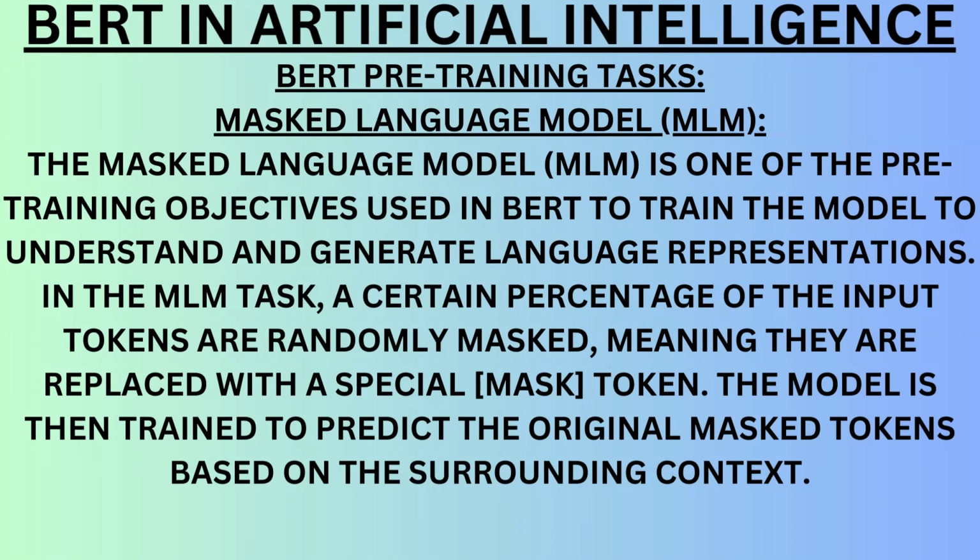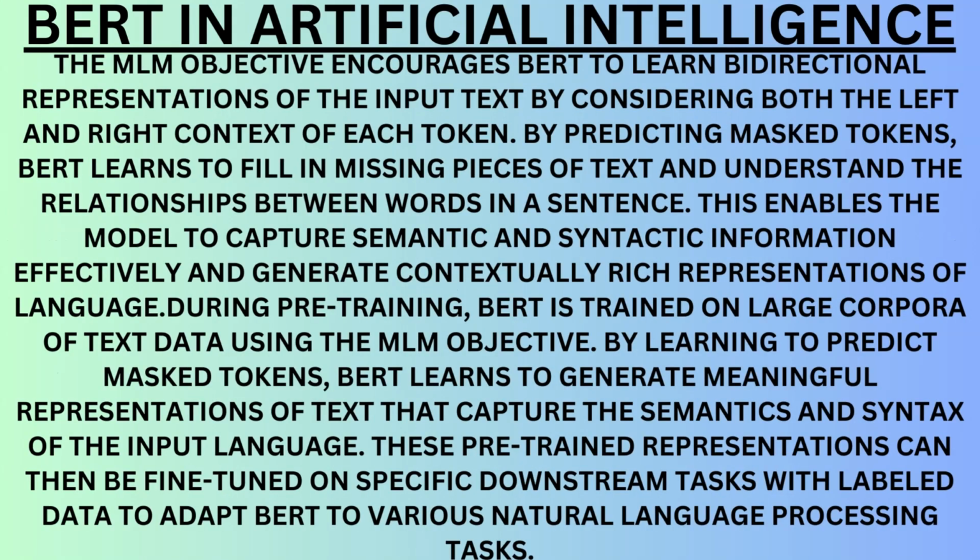The model is then trained to predict the original masked tokens based on the surrounding context. The MLM objective encourages BERT to learn bidirectional representations of the input text by considering both the left and right context of each token.